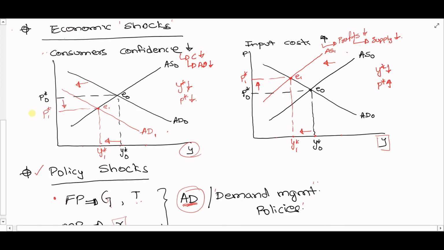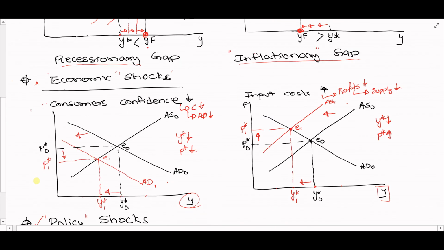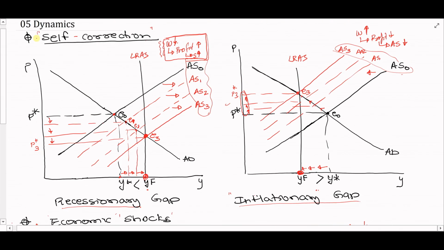Now the difference between policy shocks and economic shocks, we are using both those terms as shocks, is that economic shocks are not controlled for, they just hit the economy, whereas policy shocks have a particular intention in mind, and typically it is to mitigate the effects of these economic shocks or to speed up the process of the self-correcting mechanism.